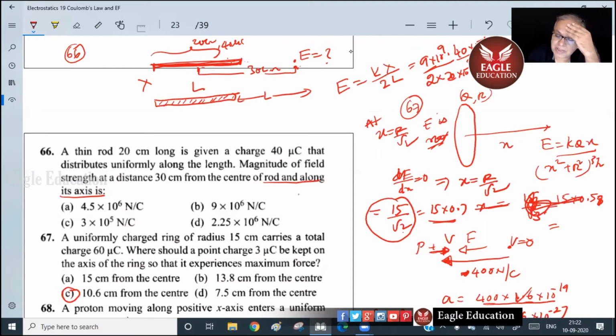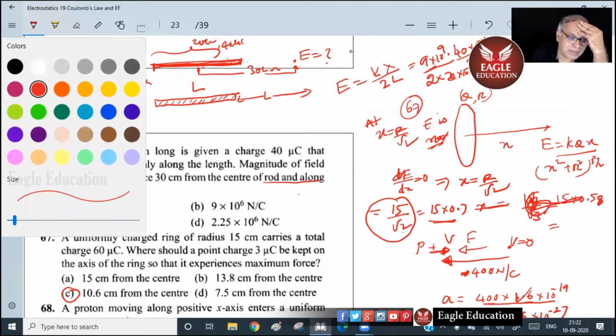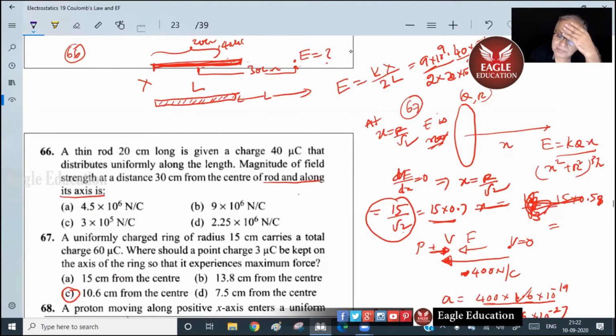So simply, how much will this answer be? You need not do the full calculation for a known standard sum like this. So how much is this going to be? 8 into 10 to the power minus 2.